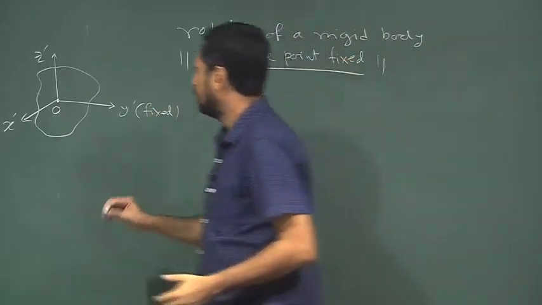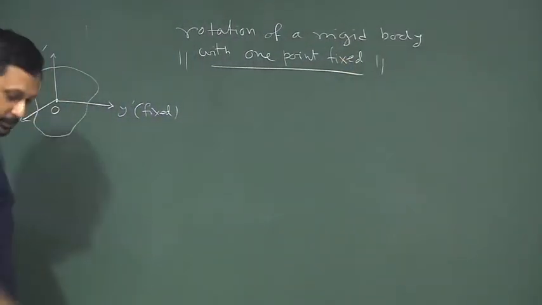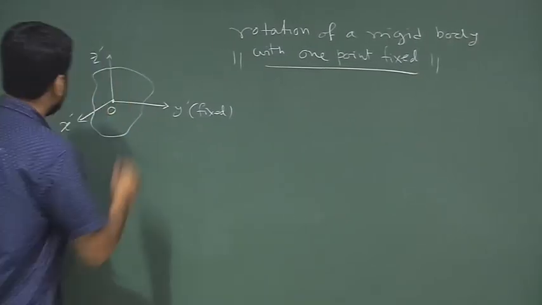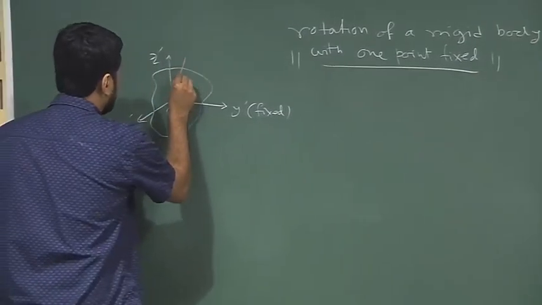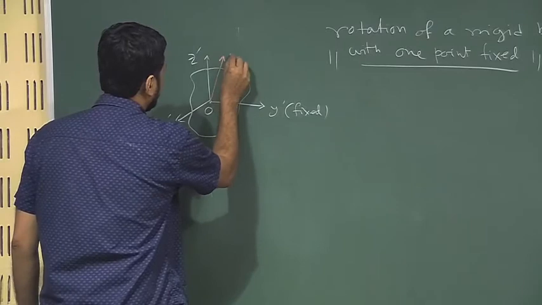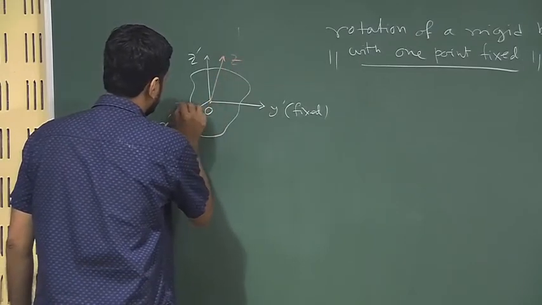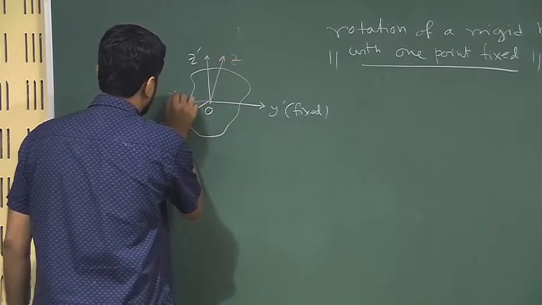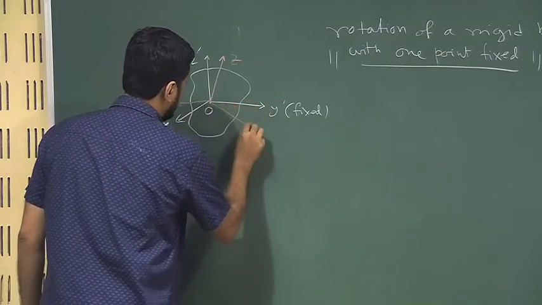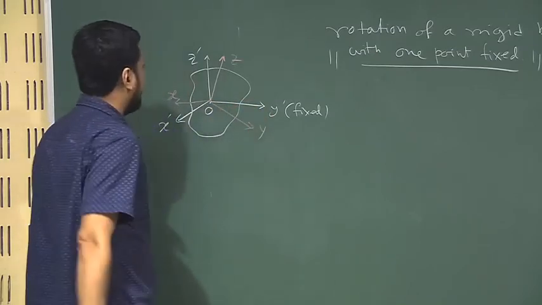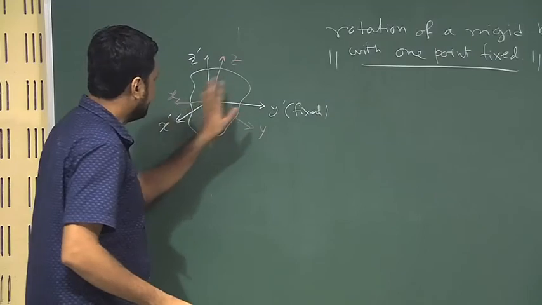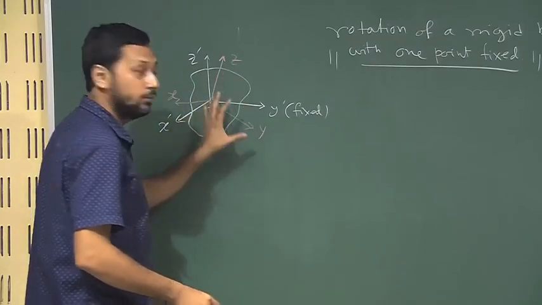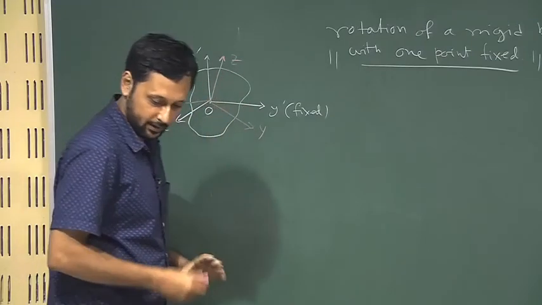So, let us assume we have z, x and y axis, and they are moving along with the rigid body.